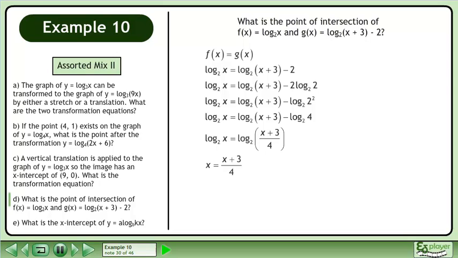By the equality principle, we can set the logarithm arguments equal to each other. Cross-multiply. This gives us 3x equals 3. The answer is x equals 1.